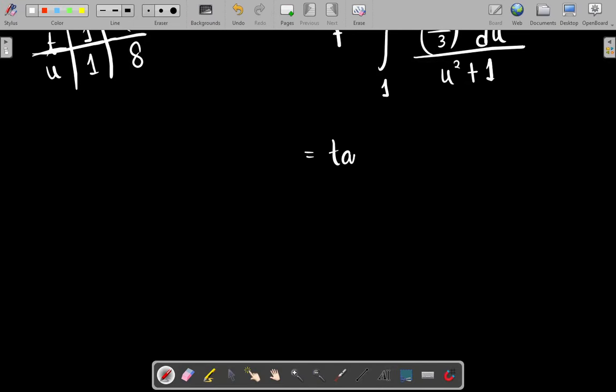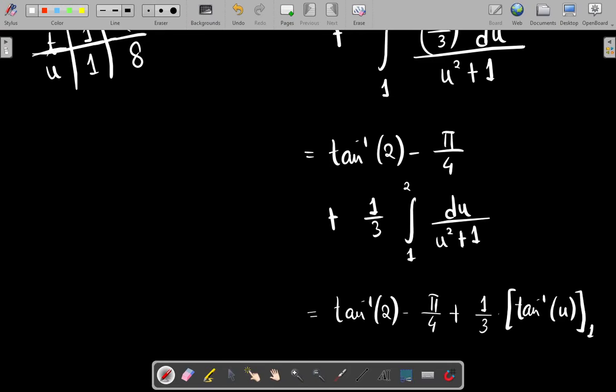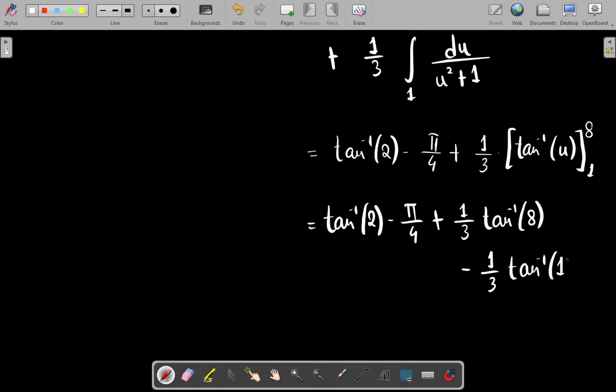So this becomes tan inverse 2 minus pi by 4 plus 1 by 3 times the integral of du upon u square plus 1, which is tan inverse u, with limits from 1 to 8. This becomes tan inverse 2 minus pi by 4 plus 1 by 3 tan inverse 8 minus 1 by 3 tan inverse 1.